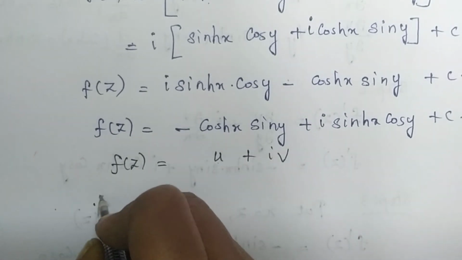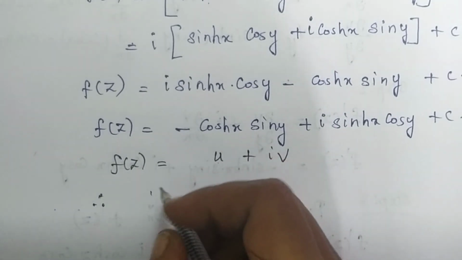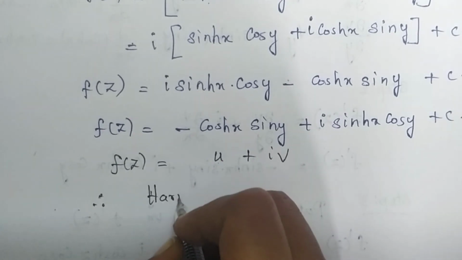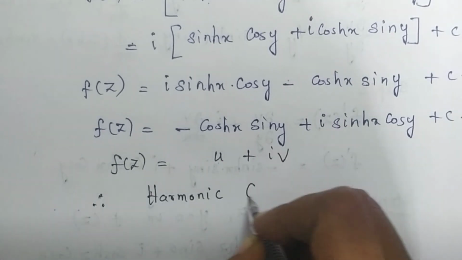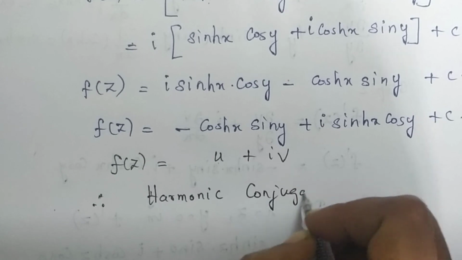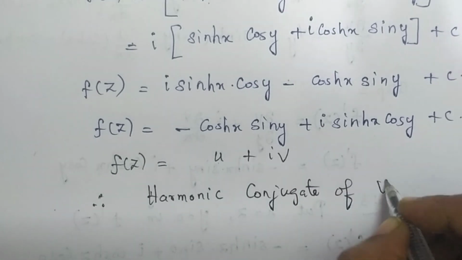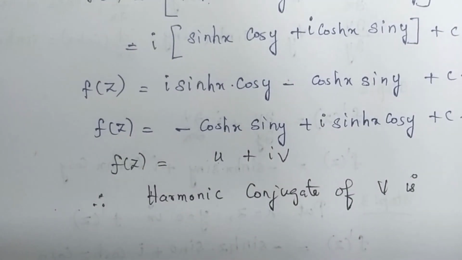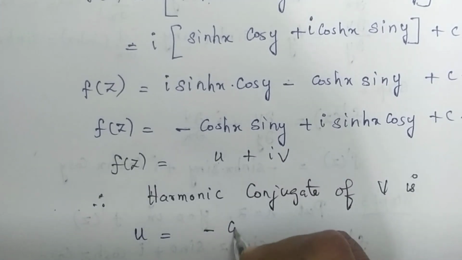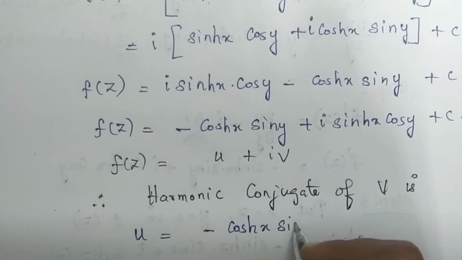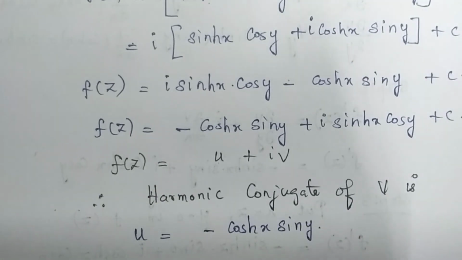Therefore the harmonic conjugate of v is u, that is u is equal to minus cos hx into sin y. That's all. Thank you.